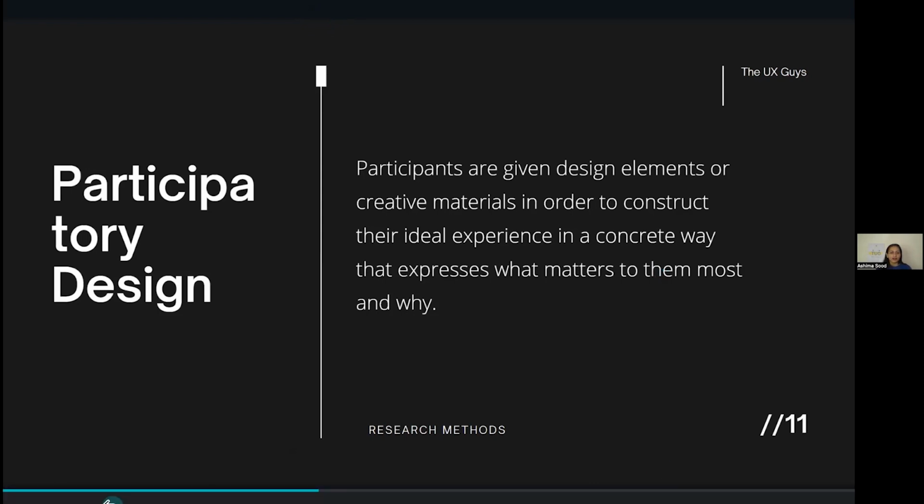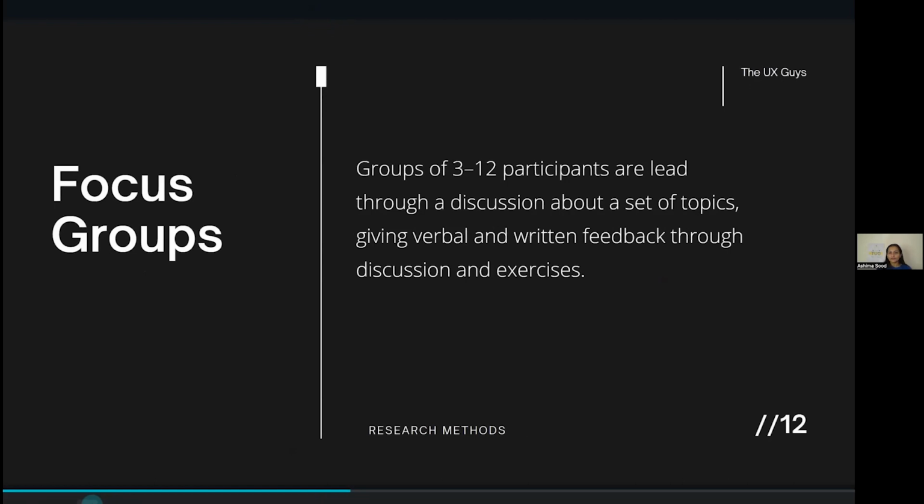Our next research method is focus groups, where we have groups of 3 to 12 participants that are led through a discussion about a set of topics. So this is more, you're trying to get feedback. And again, look how it says are led through a discussion.